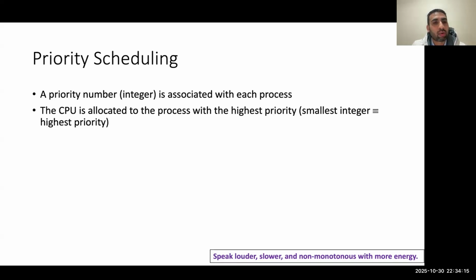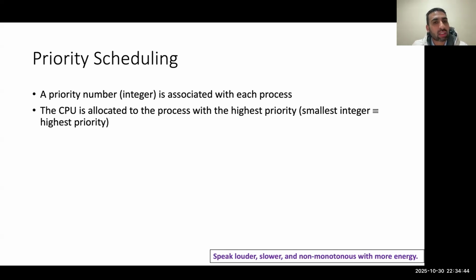Then the priority based scheduling algorithm looks at the priorities of all the ready processes and picks the one which has the highest priority for scheduling, or for running on a core, right?